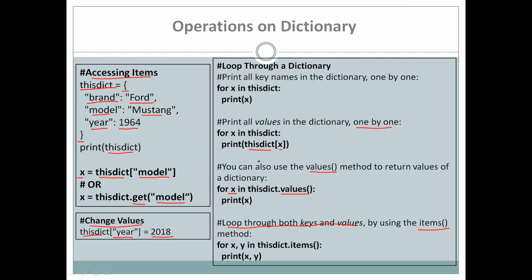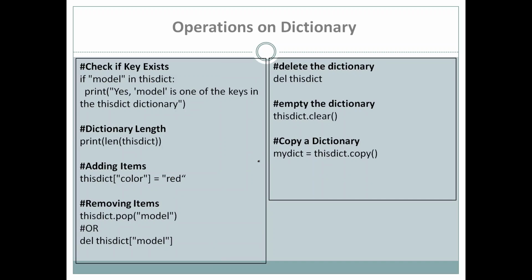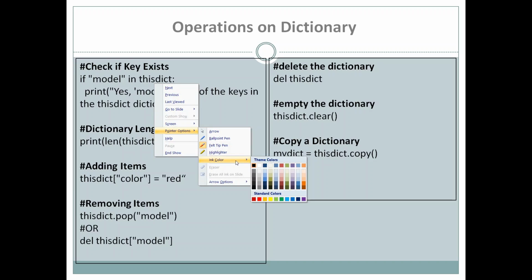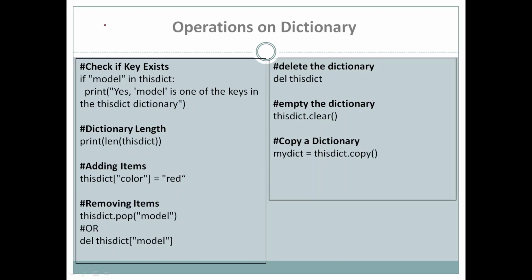Okay, so let's move to the next slide and the next operation. Next is check if the key exists. We can even check if a particular key exists in the dictionary by using a conditional statement: if the key name in the dictionary. If we use this syntax, it will return true if the key model exists in the dictionary, otherwise it will return false. So let us see this.